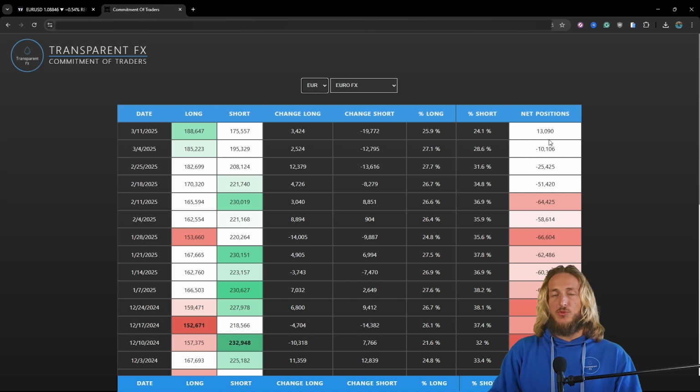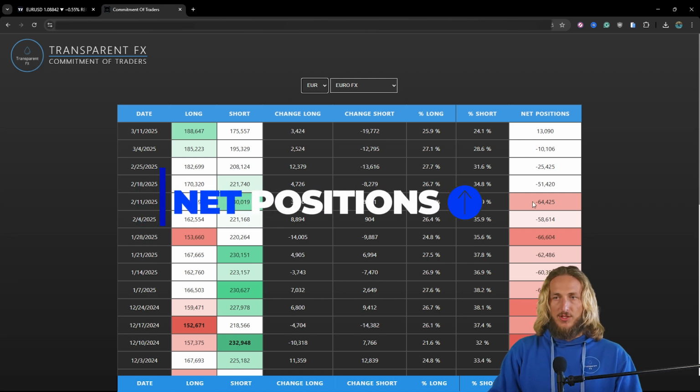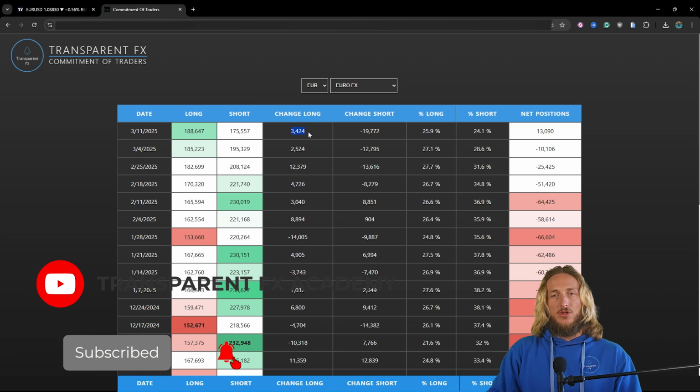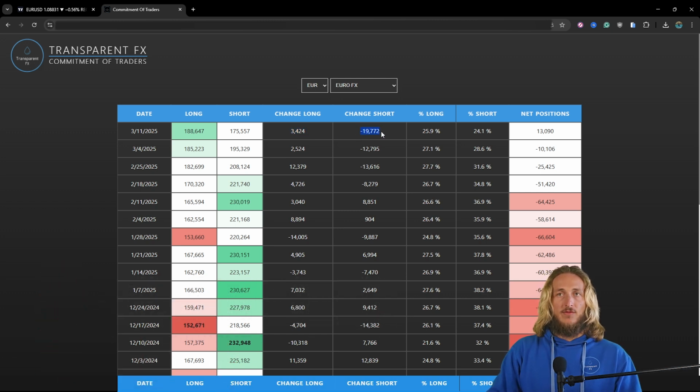Now, if we look at the data here for the euro, we can see how with the last reports, net positions have been massively increased. We went from minus 64.4k net positions, a negative net positioning in which institutions had more shorts than longs, 230k shorts compared to only 165k longs, all the way up to now having a positive net positioning of 13k, with an extra 3,400 longs added just with the last report and 19,700 shorts getting closed, reaching 188,000 longs compared to only 175k shorts.